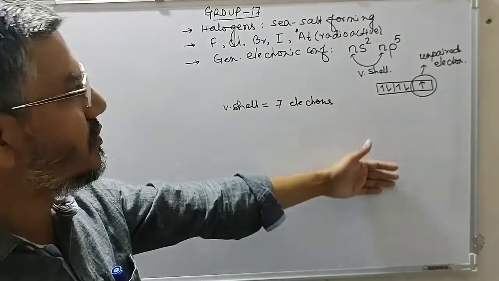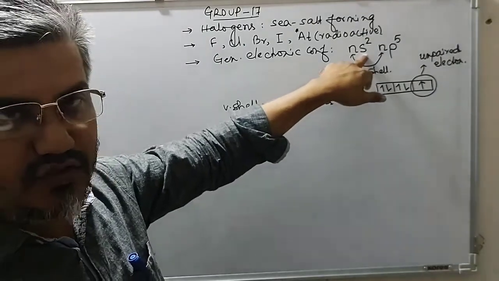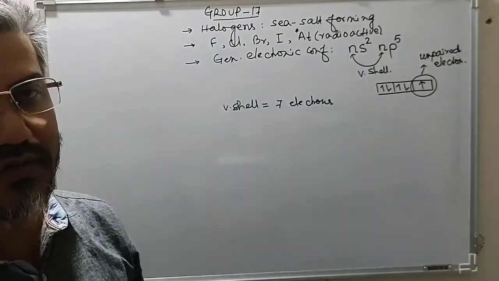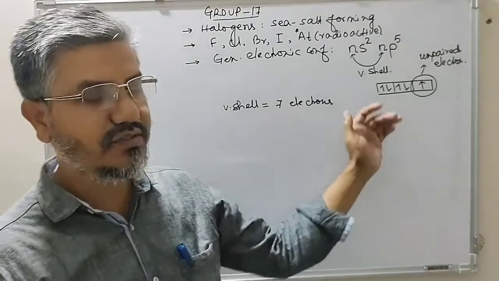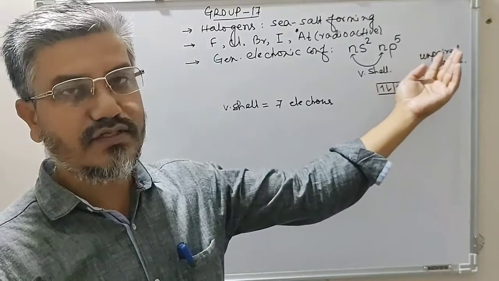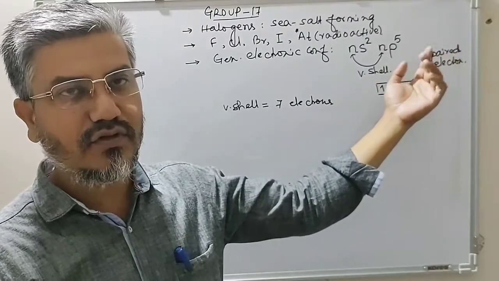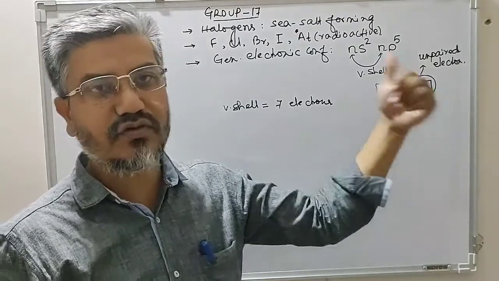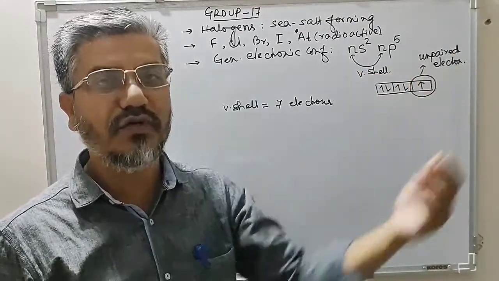Out of these 7 electrons, 2 are present in s orbital and the remaining 5 electrons are present in p orbital. The s orbital is completely occupied, meaning both electrons are paired up, whereas in p5, 4 electrons are paired up and the last 5th electron is unpaired.